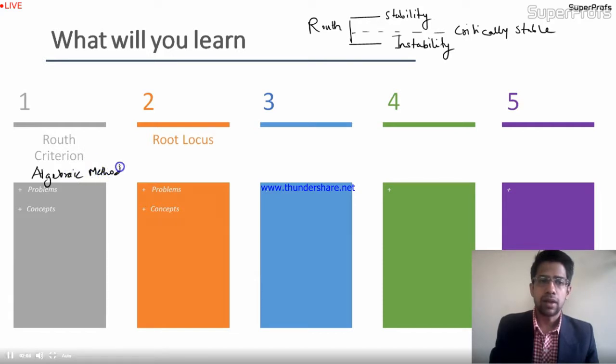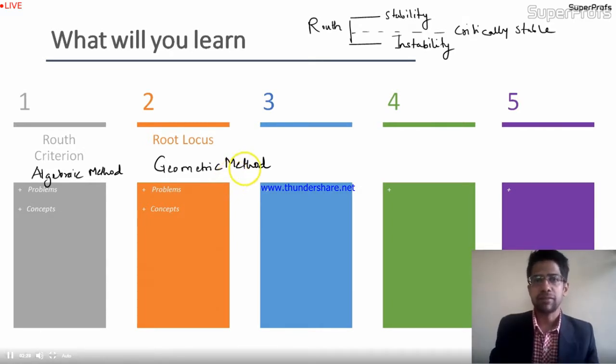And this is the geometric method to find the stability, which I had already mentioned. Now, the geometric method allows you to see into the system and understand how stable the given system is.